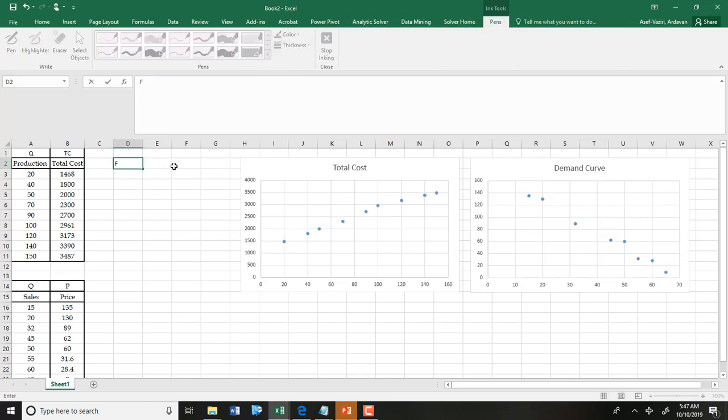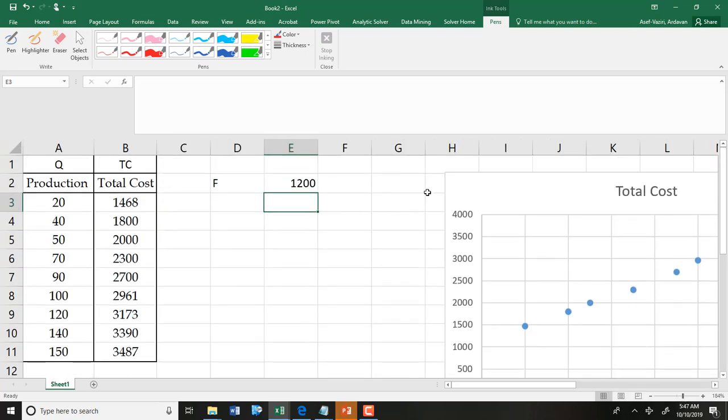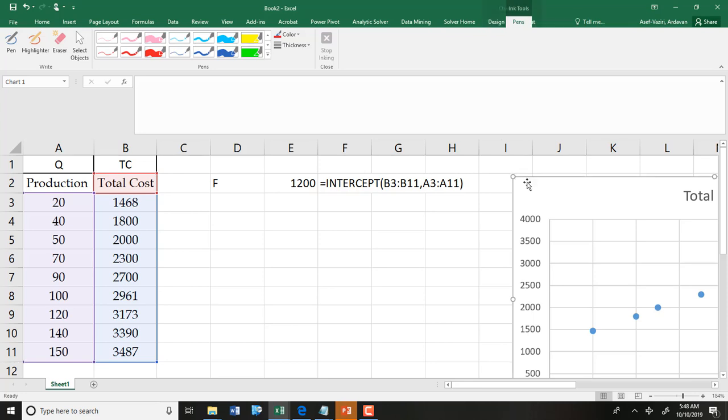I have F, which is my fixed cost, and that would be equal to the intercept of these costs and these production volumes. And therefore, my fixed cost is 1200. Okay.